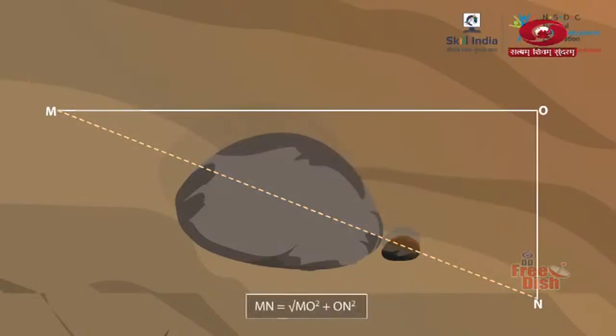As MN is the hypotenuse of the triangle, you can calculate its length with the formula MN is equal to square root of MO squared plus ON squared.